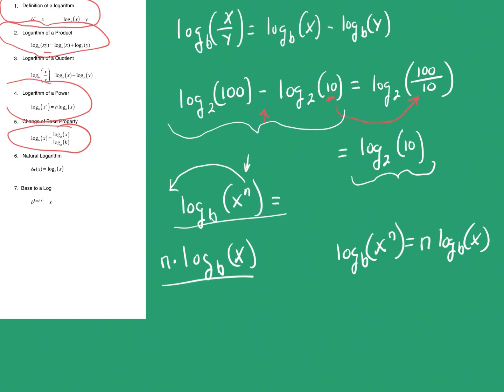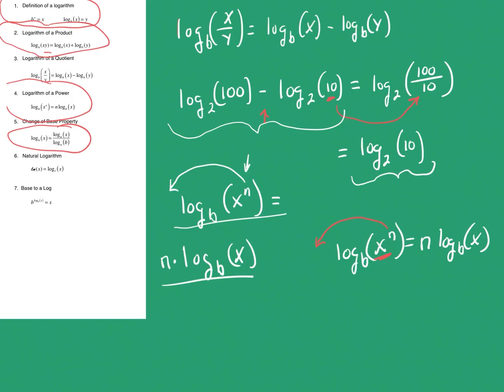Really nice property because this can get a little bit cumbersome, having these exponents in here. So we can take this n outside the log function, bring it in front of the log and multiply it.